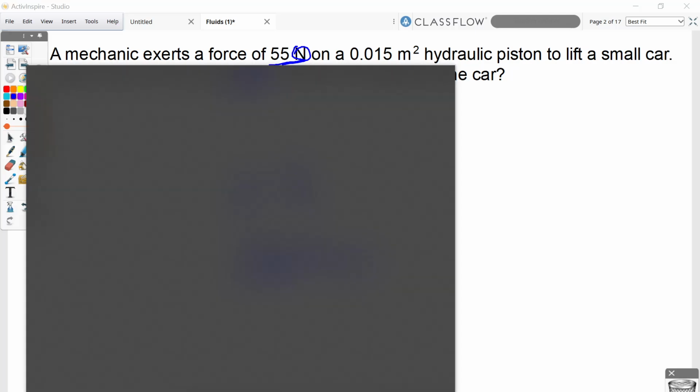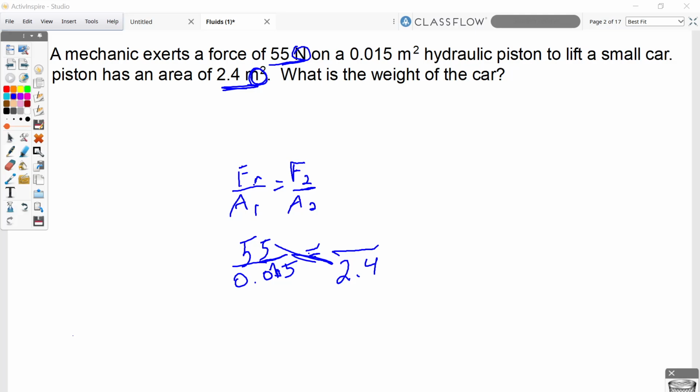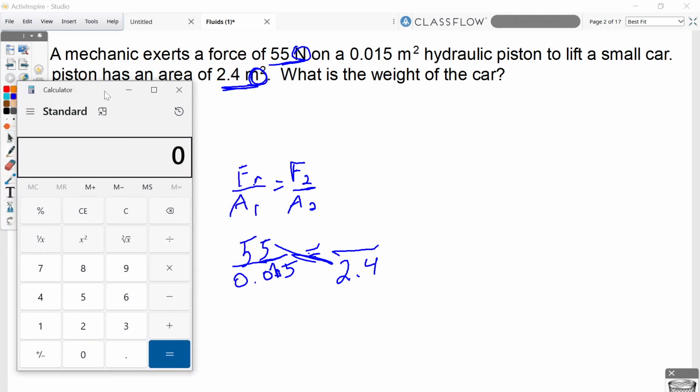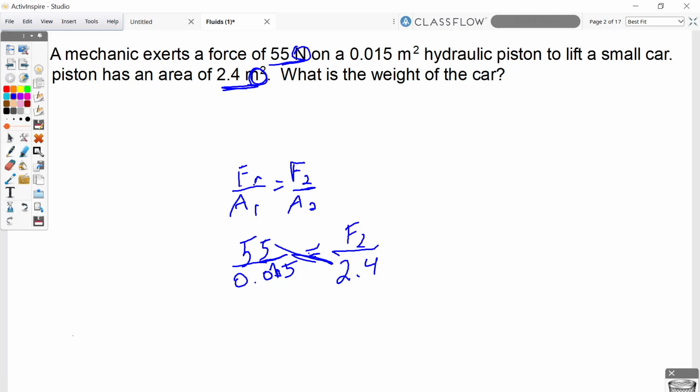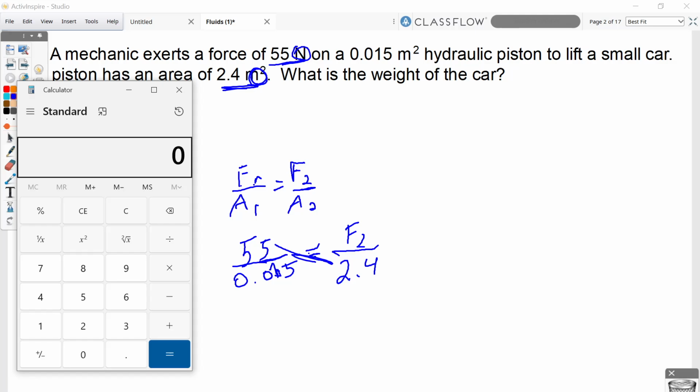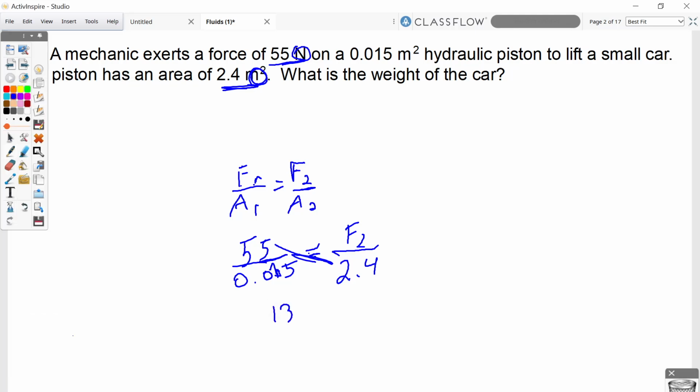Let me go ahead and grab a calculator. There we go. We're looking for the force. So we're going to do 55 times 2.4, 132. 0.0015, F2, and then we're going to go ahead and divide.